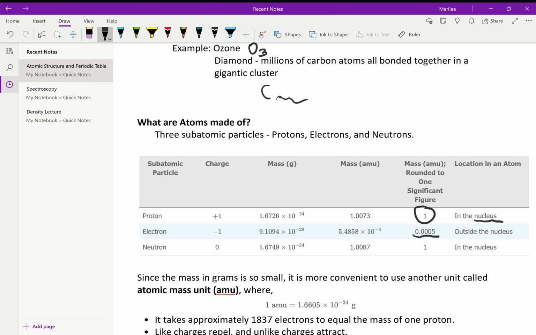And lastly, we have neutrons. Neutrons have no charge. They're neutral. Their mass is very close to a proton. So when you round them to one significant figure, you also get the 1 AMU. The neutrons are also found in the nucleus along with the protons.